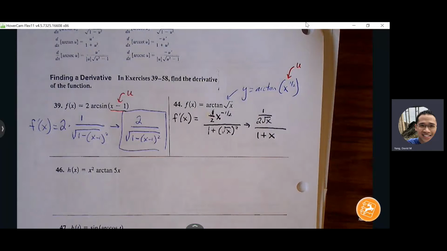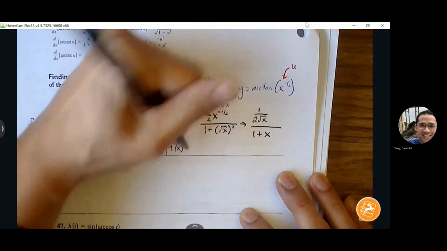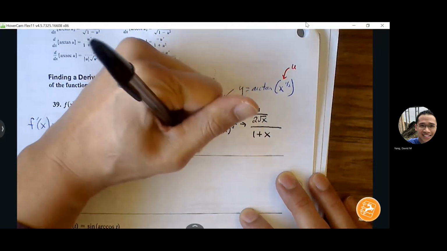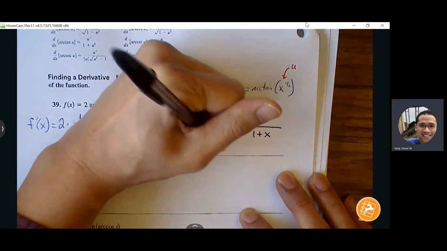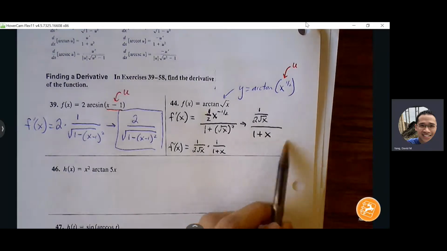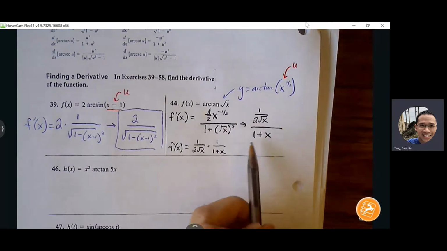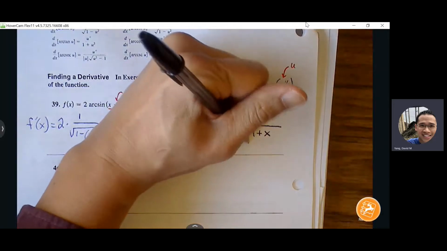Dividing by 1 plus x, the same thing as multiplying by its reciprocal. All right, you can flip that 1 plus x up to the top as 1 over 1 plus x. Do a little bit of just merging into one fraction, and that's all I need.